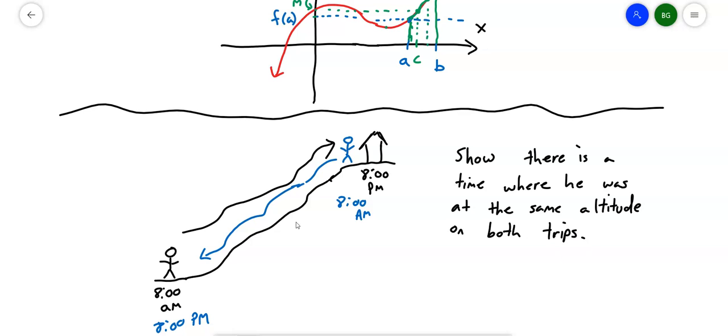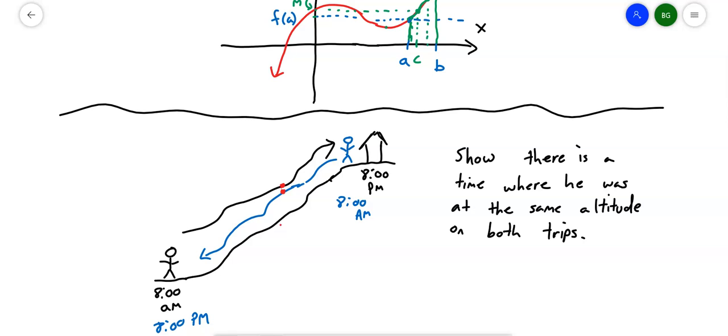So that's what we're going to try to show. And so what I'm saying is, like, let's say maybe at 3 p.m. he was here on the return trip. Well, we're looking for a time that he's at that exact same point at 3 p.m., same time, same spot on the mountain on both days. That has to occur, and we can force that by the intermediate value theorem.